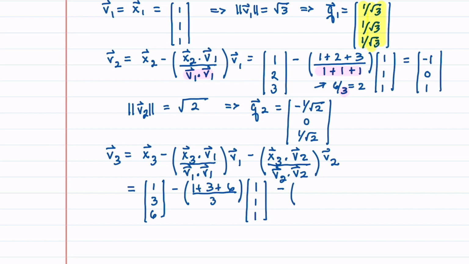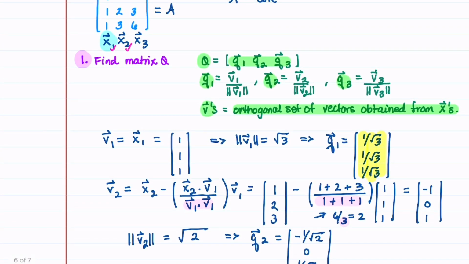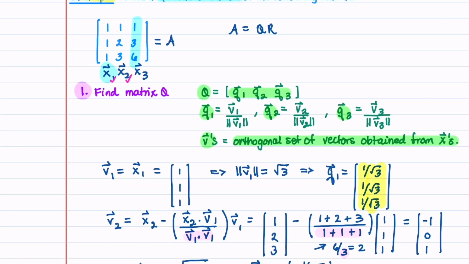Now we have to do one more dot product. This one is always a little bit hard because they're located in different spots. I'm going to highlight the vectors that we're going to take the dot product of in blue. So let's go back up here. We have to highlight our x3, which is this one, and then our v2. Let's see, that's hiding somewhere. That is this one.